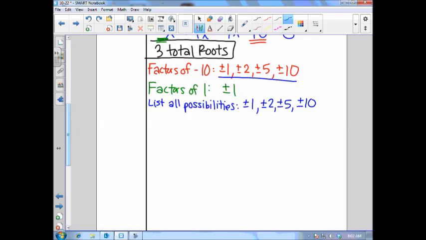Okay, so after we have all our possibilities, how do we know which ones are the real ones, the real roots that exist? We guess. You don't guess, no. Let's find the probability of him guessing correctly. Oh, we do a chart. Good.